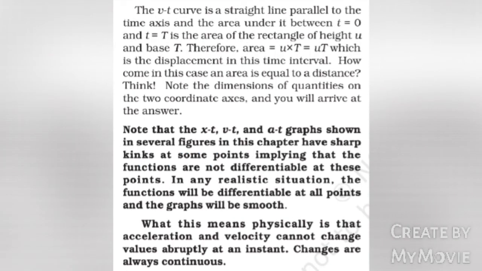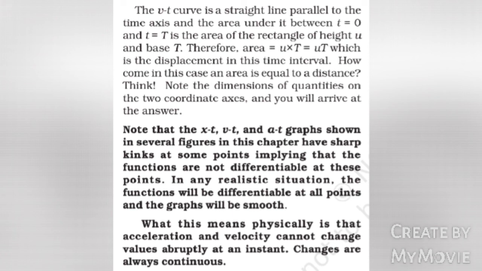The vt curve is a straight line parallel to the time axis, and the area under it between t equals 0 and t equals capital T is the area of the rectangle of height u and base T. Therefore, area equals u into T, which equals uT, which is the displacement in this time interval. How come in this case an area is equal to the distance? Think. Note the dimensions of quantities on the two coordinate axes and you will arrive at the answer.